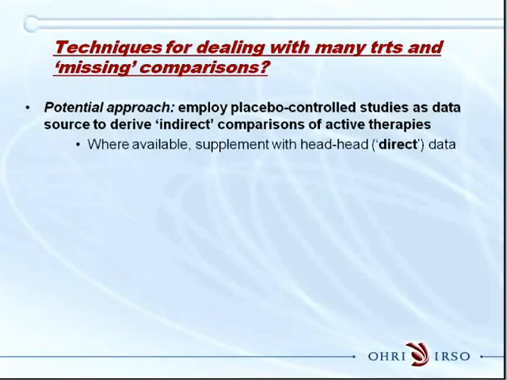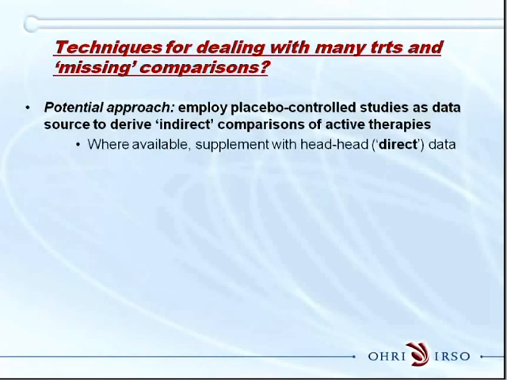So then the question is, what sorts of techniques do we have to try and compare many treatments and to try and deal with situations where we may be missing key head-to-head comparisons? And the approach that was proposed some time ago was to try and employ these placebo-controlled studies or these standard control studies to derive something that we call indirect treatment comparisons.